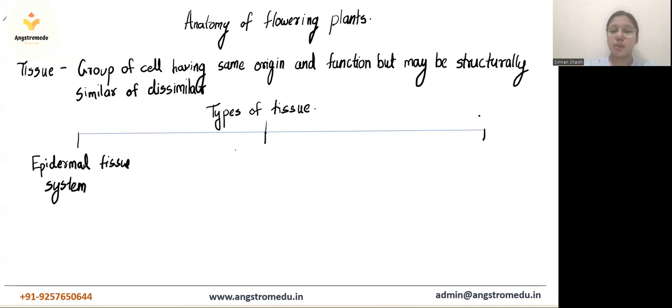The second one is the ground tissue system. And the third one is the vascular tissue system.